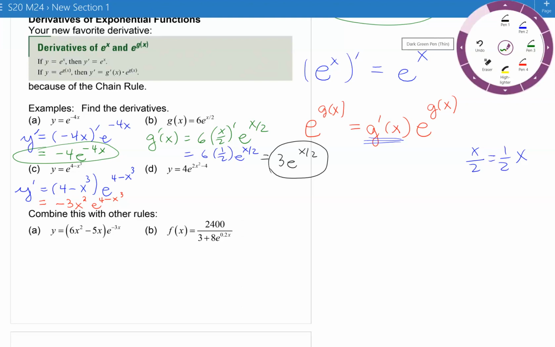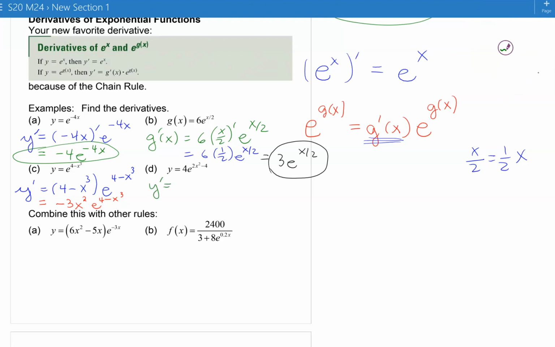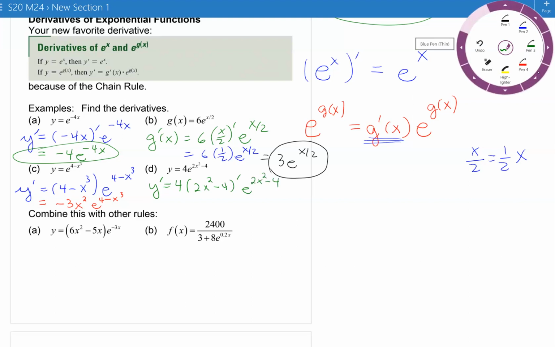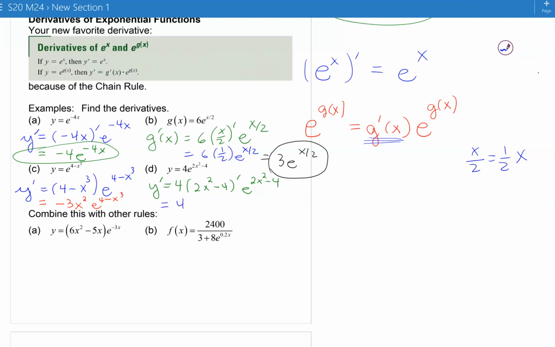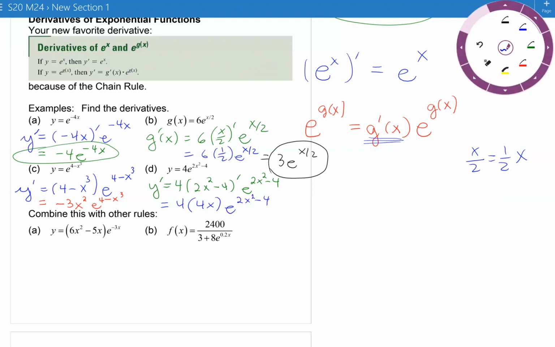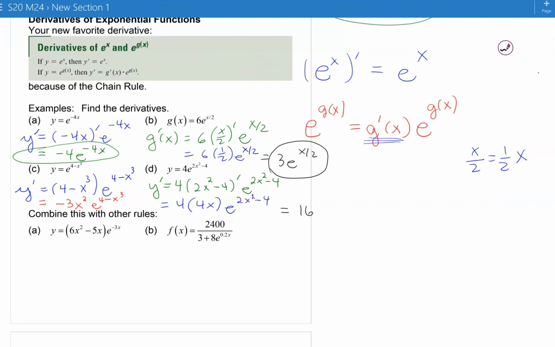And the last one, y prime equals 4 times the derivative of 2x squared minus 4, e to the 2x squared minus 4. So that's going to be 4 times 4x, e to the 2x squared minus 4, which is 16x, e to the 2x squared minus 4.